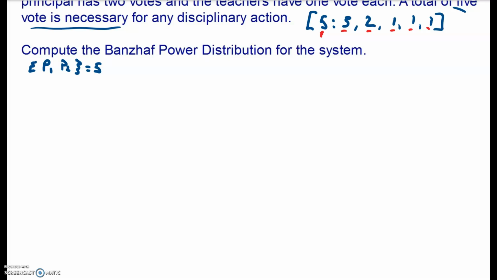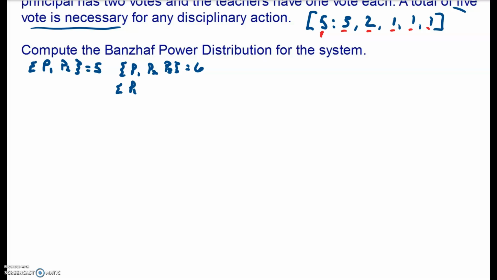The next one is let's look at all of the coalitions that could pass this motion with 3 players voting. If I have player 1, player 2, and player 3 vote, that would be a total of 6 votes, which would pass.